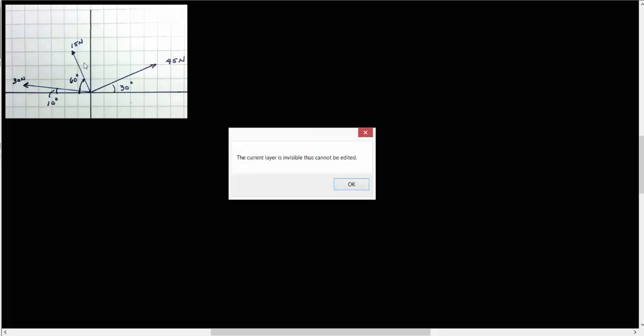Now, just to note something, this is going to be 30 degrees here. So this angle is all the way to the x-axis. So this is your x, and this is your y. And how we're going to do this one is using vector notation. Alright, so let's get started.